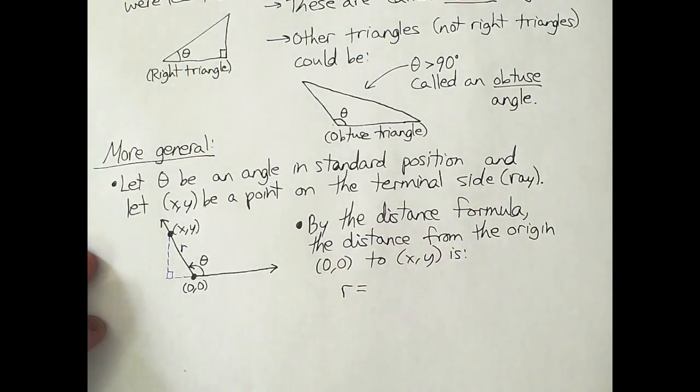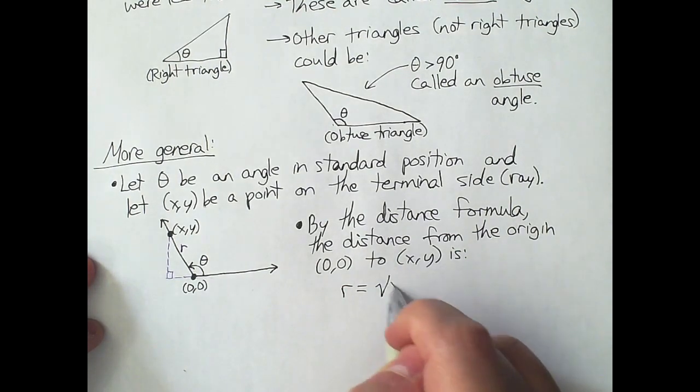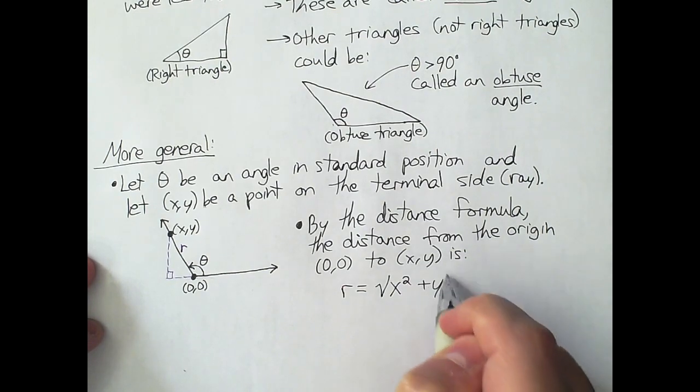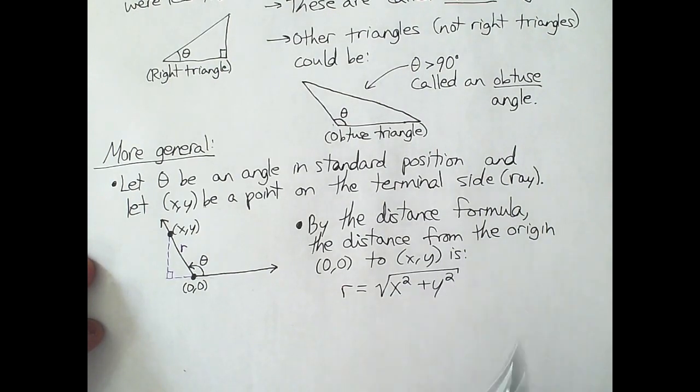R equals, from the distance formula, think about what the distance formula would say between these 2 points. X minus 0, y minus 0. We don't even need to write the minus zeros. You can just make it nice and simple when one of the points is the origin.